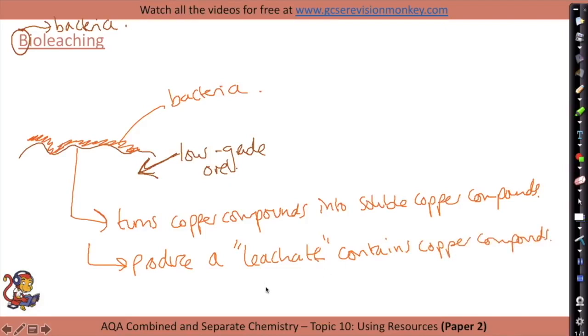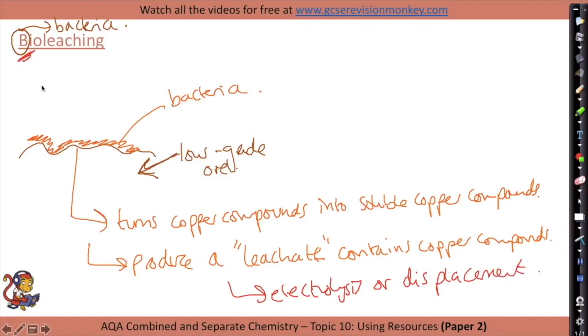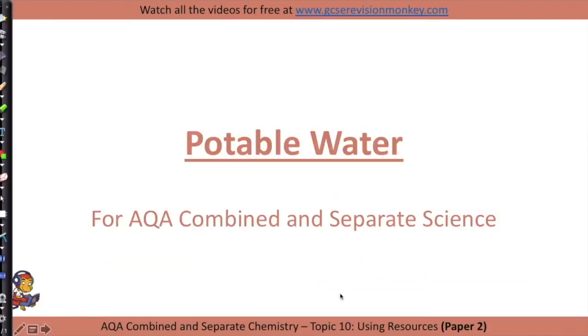And then again, that copper can be extracted from there by either electrolysis or displacement with scrap iron. Now you don't need to go into a lot of detail for bioleaching, apart from really knowing that it's bacteria grown on the low-grade ore that then allows the soluble copper compounds to be extracted. Next, we're going to talk about potable water.